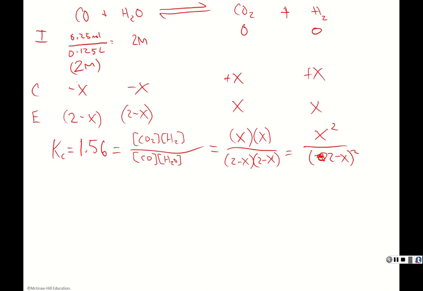If we try to solve this now, doing the square root of both sides, the square root of 1.56 equals the square root of X squared divided by 2 minus X squared.